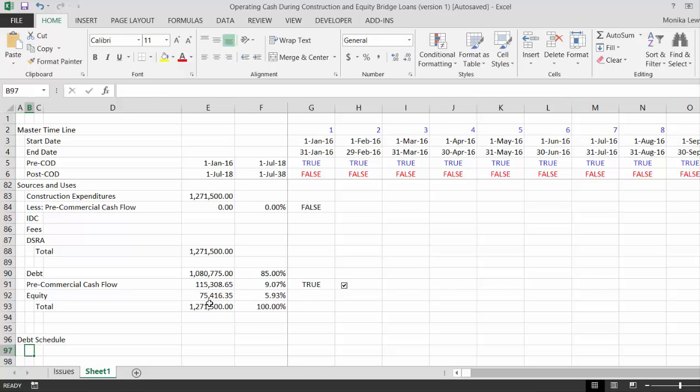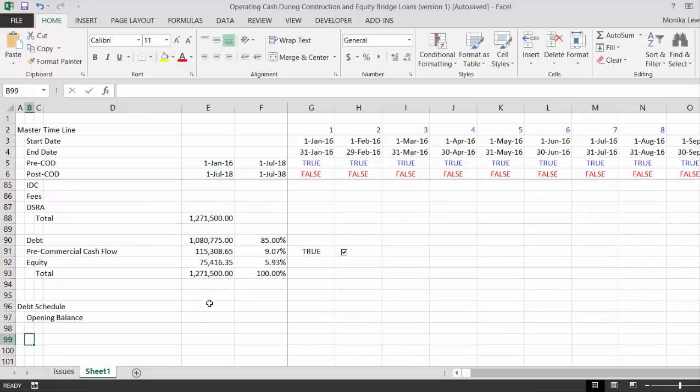On that, we put an opening balance, and we add the draws. Oh shit! And then we subtract the repayments.